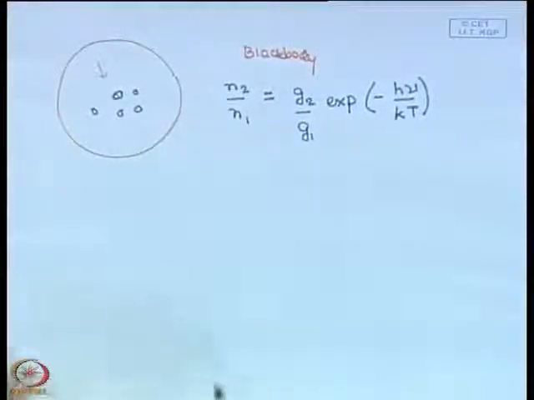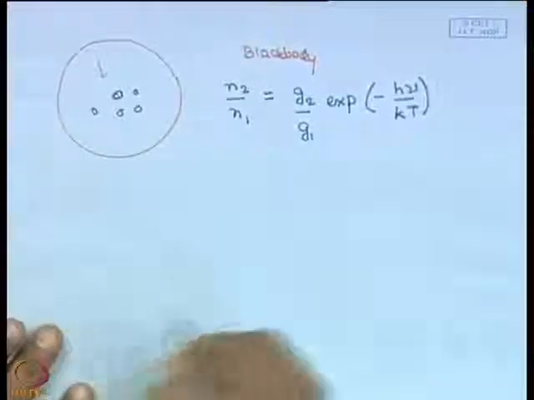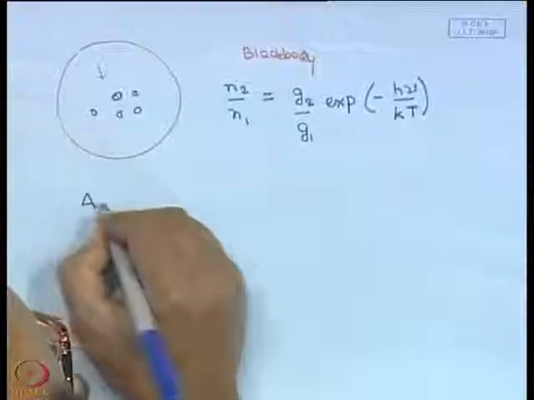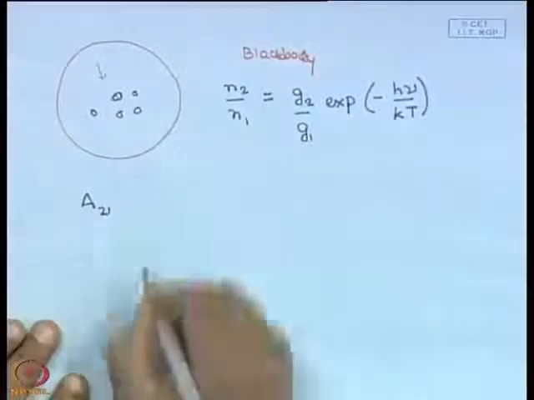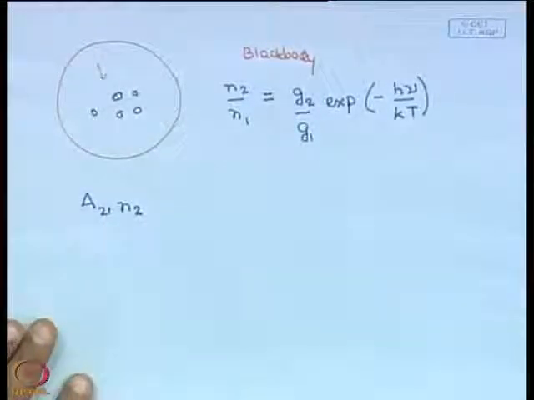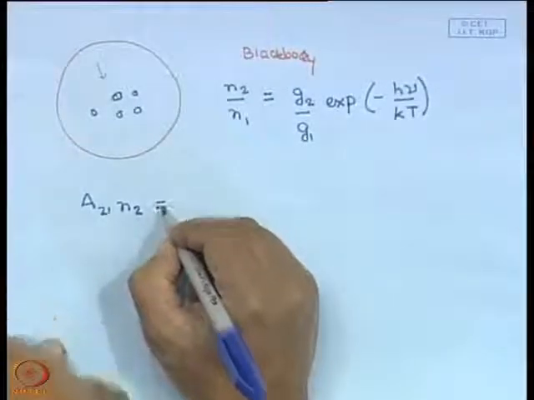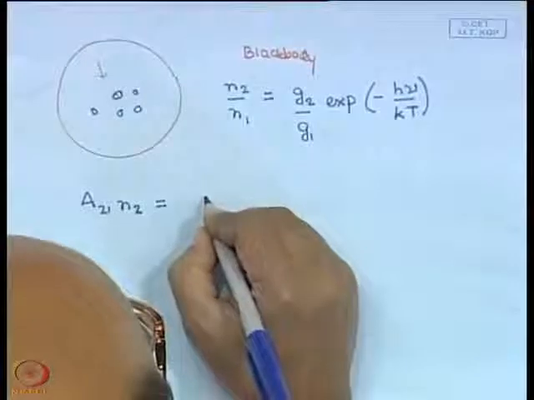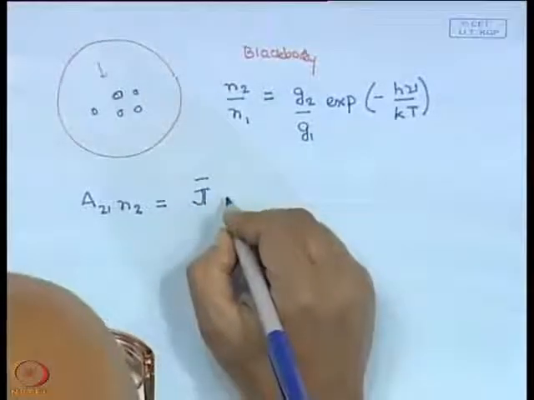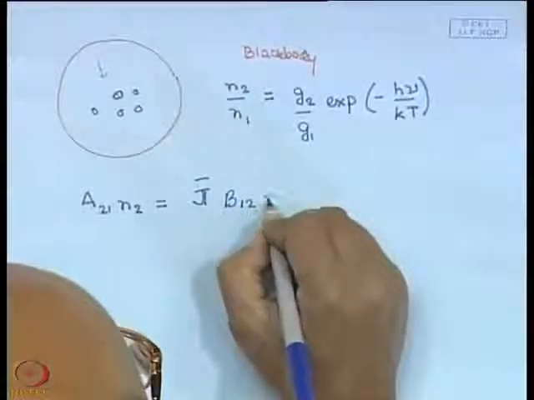So, it tells us that in equilibrium, the spontaneous emission rate, which is A21 into N2, that is the rate at which the particles go from 2 to 1, should be equal to B12 into J bar into N1.